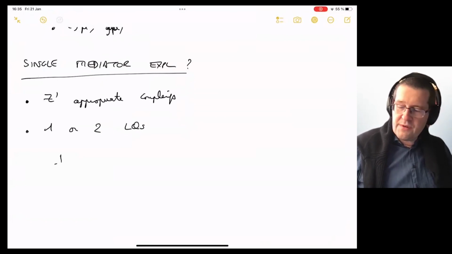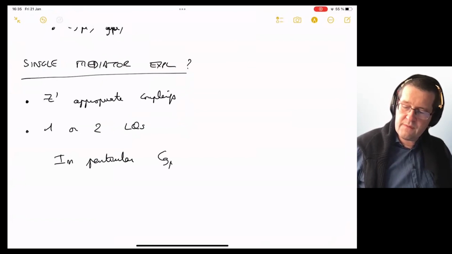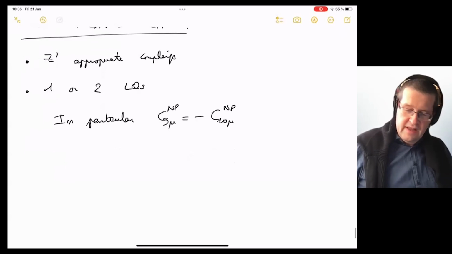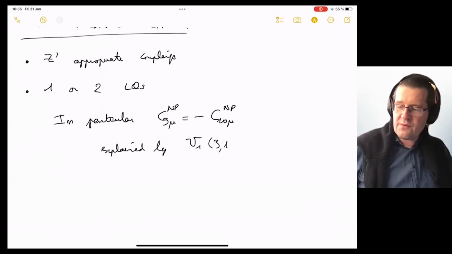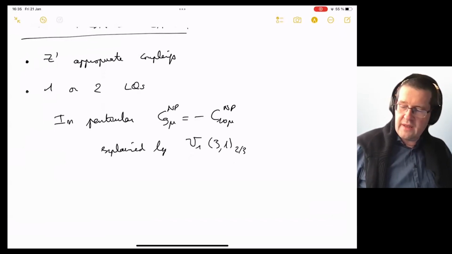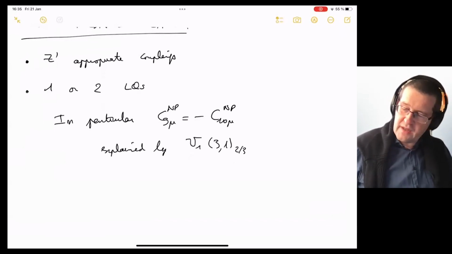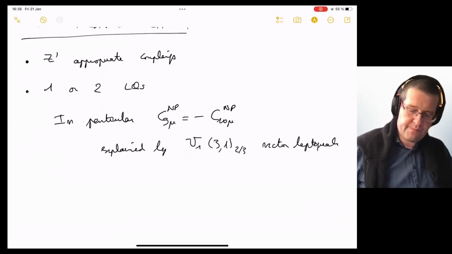And so in particular, one situation which I'd already indicated, and which is quite favored very often, is easily explained by the same leptoquark that we showed already popping up in the case of B2C and nu.